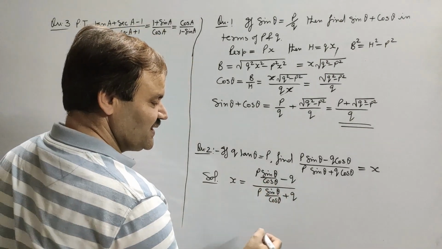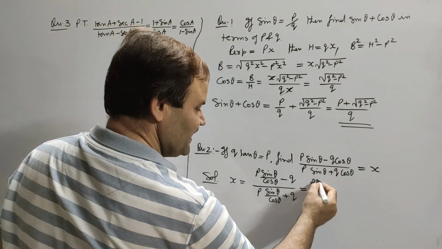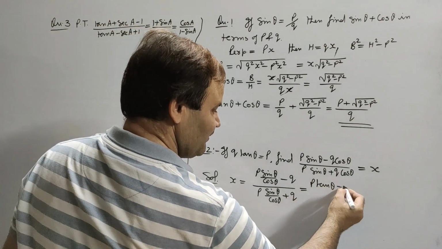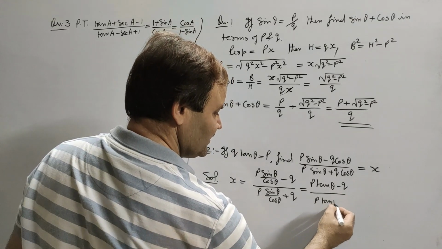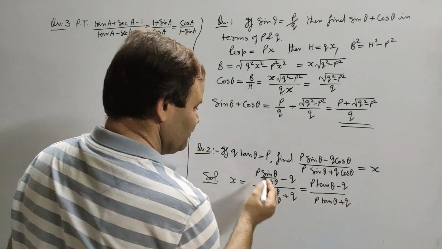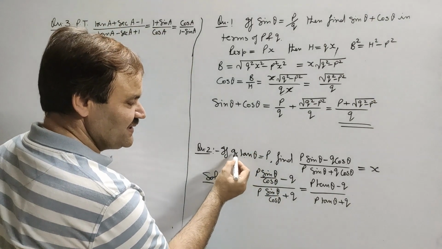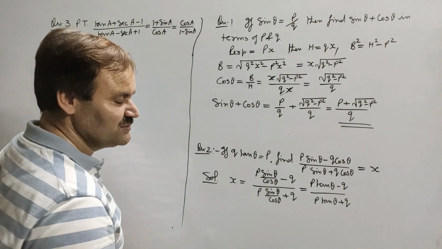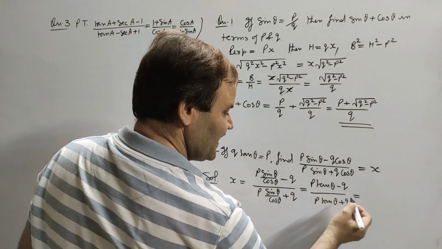Sin theta upon cos theta is tan theta, so it will become p tan theta minus q upon p tan theta plus q. But from the given condition, tan theta will be p upon q.